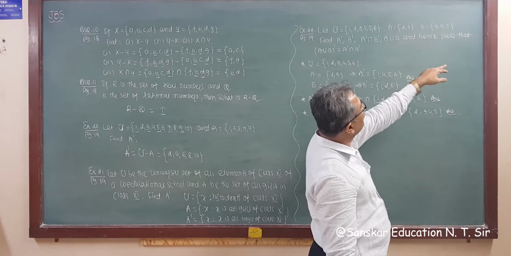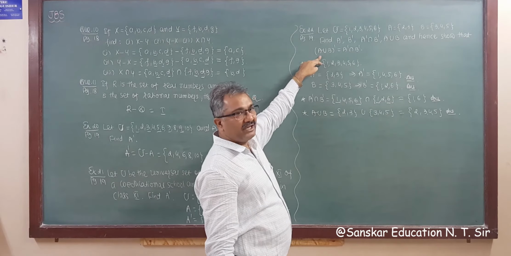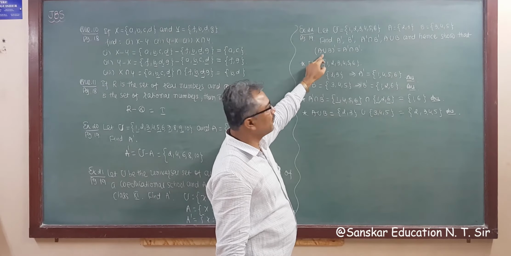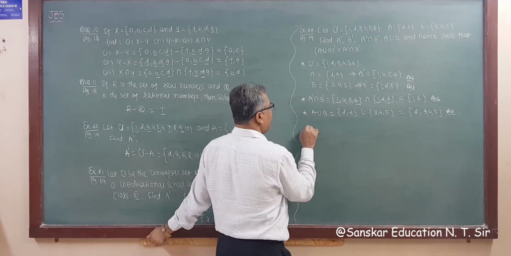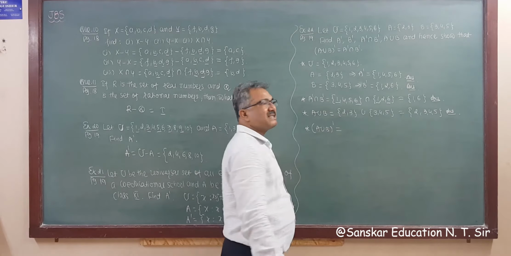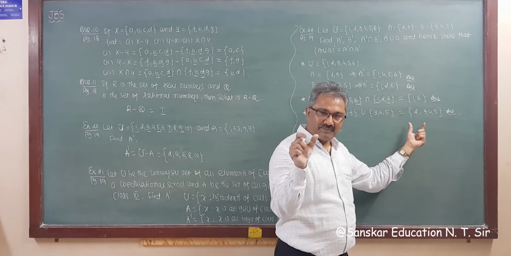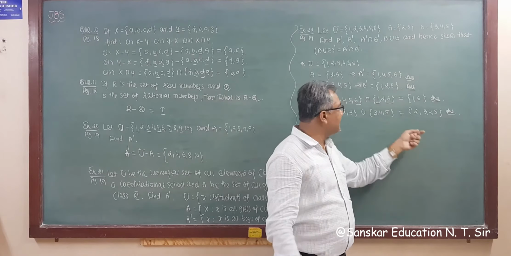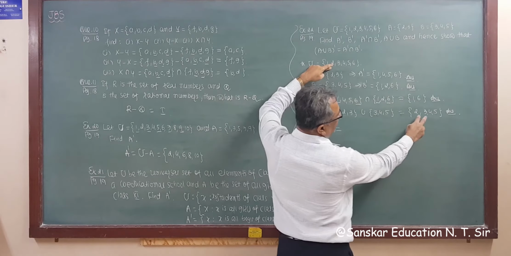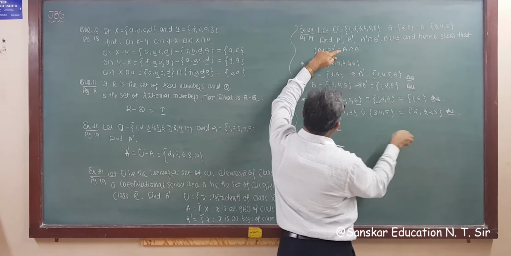And hence, so that A union B holds, we have to take this first. A union B dash means the set of elements which are in U but not in this. So you have to subtract these elements from U, that is 2 3 4 5.